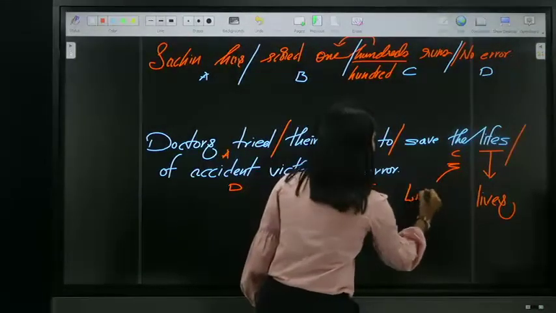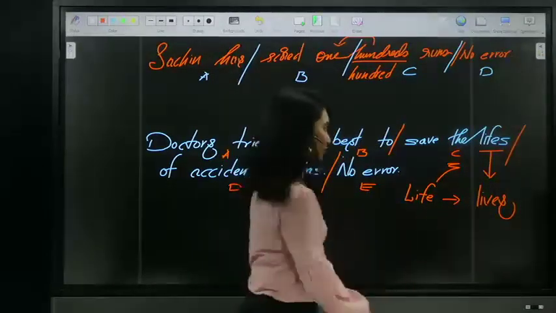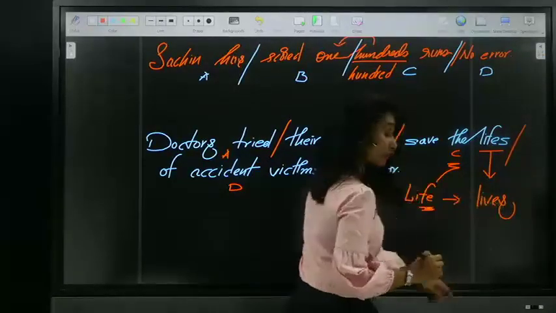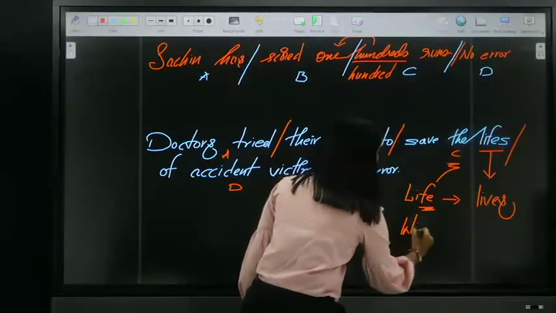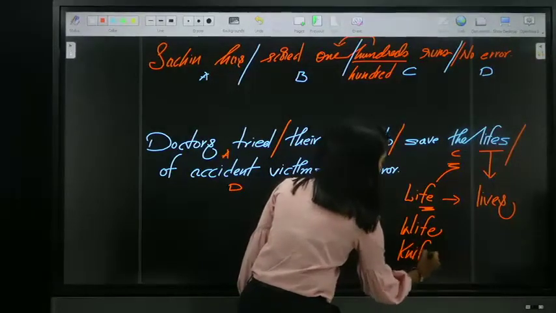So we discussed yesterday that the plural of nouns ending in fe takes v before adding es, like wife, knife.